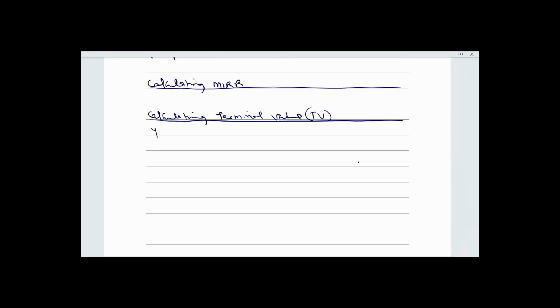So I can create a column for year, another one for cash flow. Then I can have compounding factor, which is calculated as 1 plus R raised to power n minus 1. Then you can have terminal value. Okay?